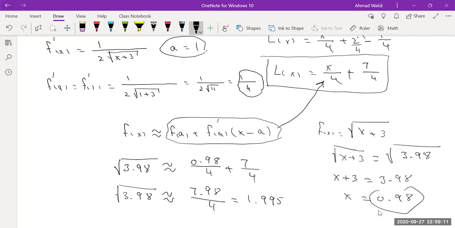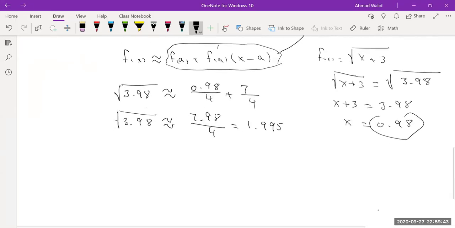It means the value of the square root of 3.98 is approximately 1.995. You see, using the linearization, it's really, really easy to find the value at a point. But if I want to find this value on a curve, maybe it's totally impossible because I don't know how to calculate it on a curve, correct?